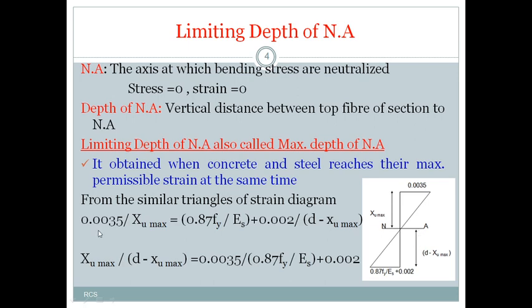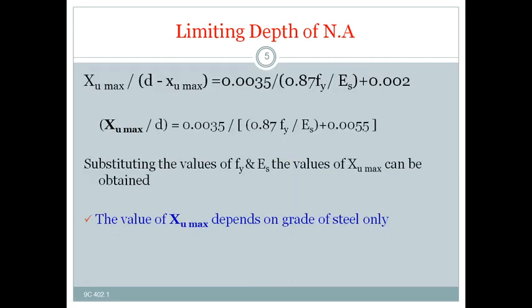If we rearrange the terms, we get XU max by d minus XU max is equal to 0.0035 by 0.87 Fy by Es plus 0.002. Finally, if we simplify further, we get XU max by d minus XU max equal to 0.0035 by 0.87 Fy whole by Es plus 0.002.